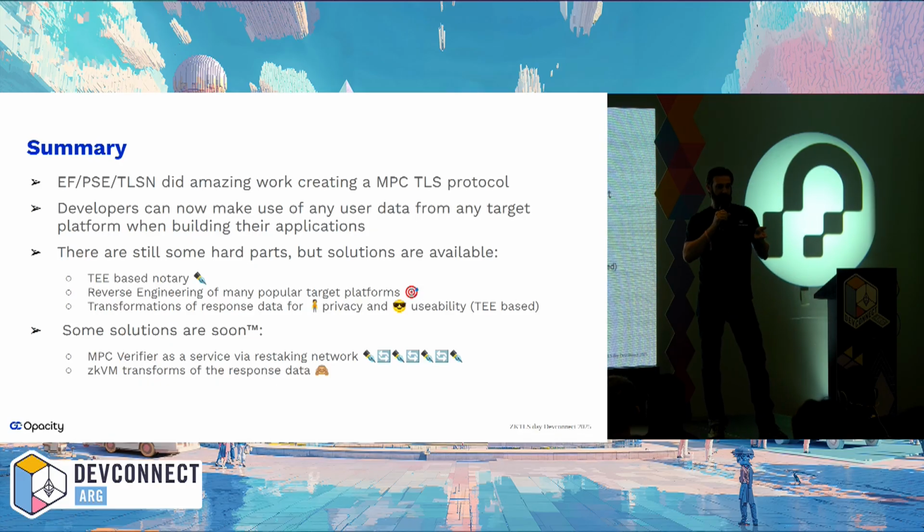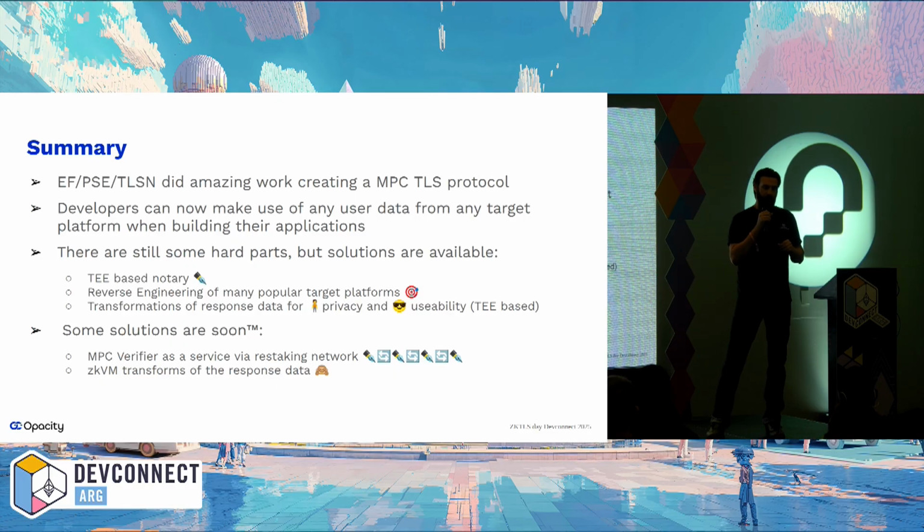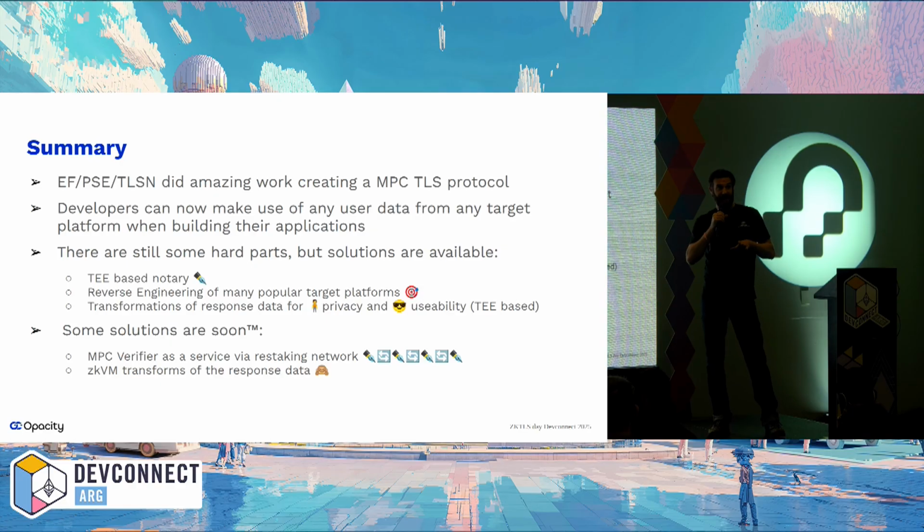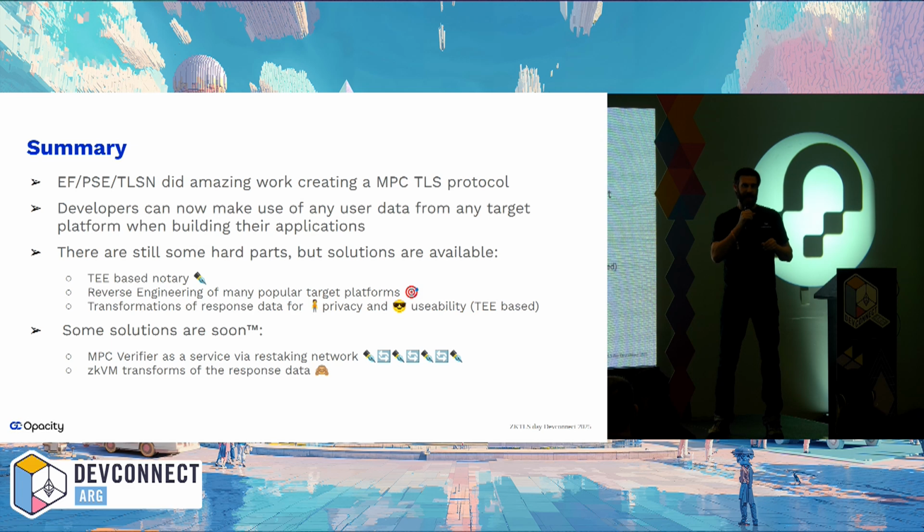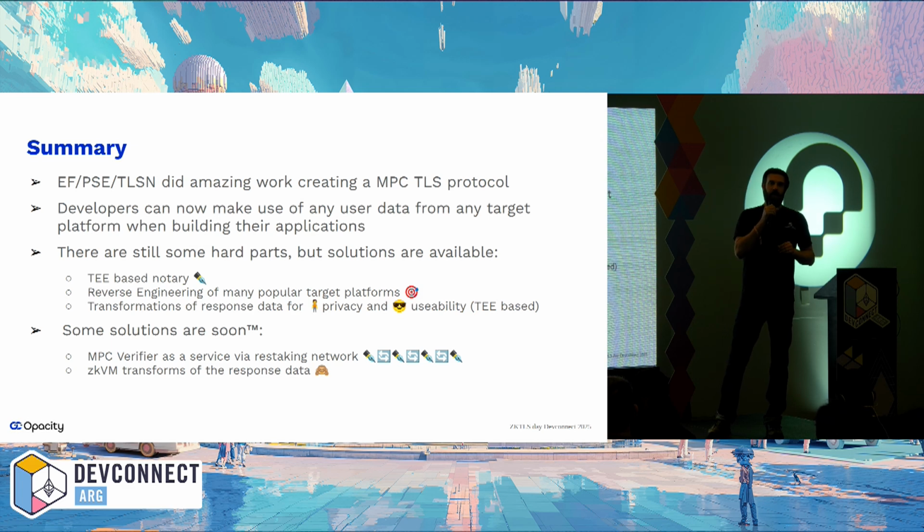Right now, our solutions include a TEE-based notary. We have reverse engineering available for many popular platforms, and some TEE-based transformations of the response data, so secured by TEE, not ZK.